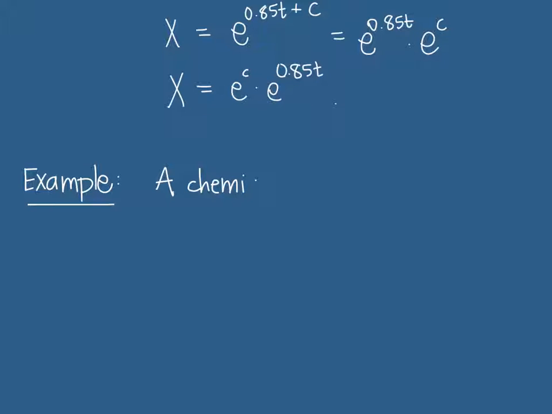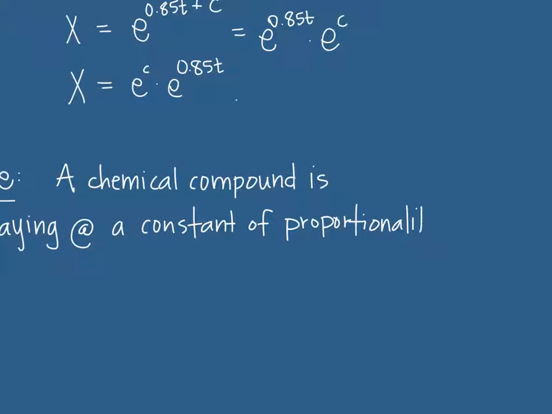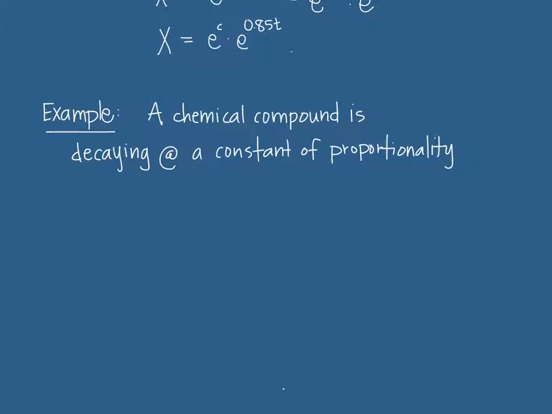All right, a chemical compound is decaying at a constant of proportionality of negative 3/5.